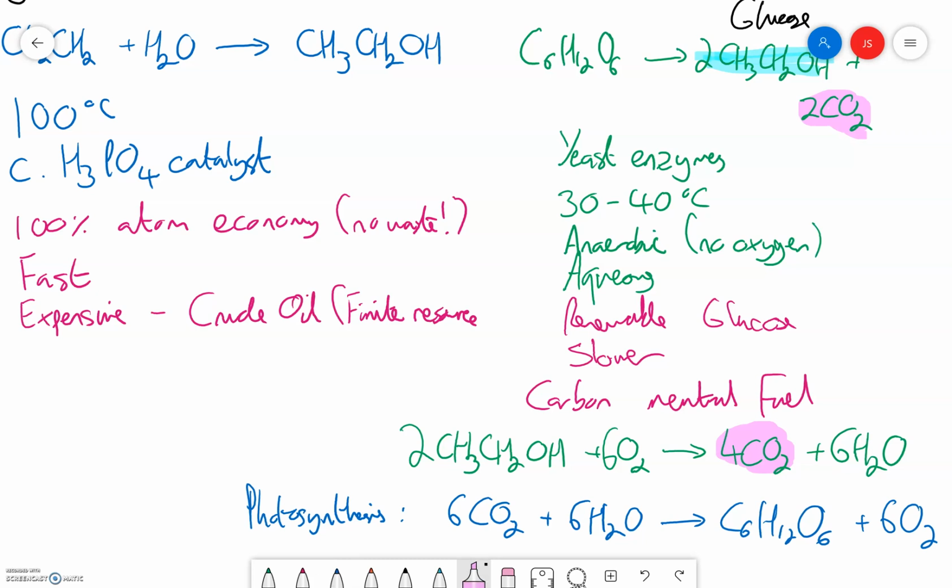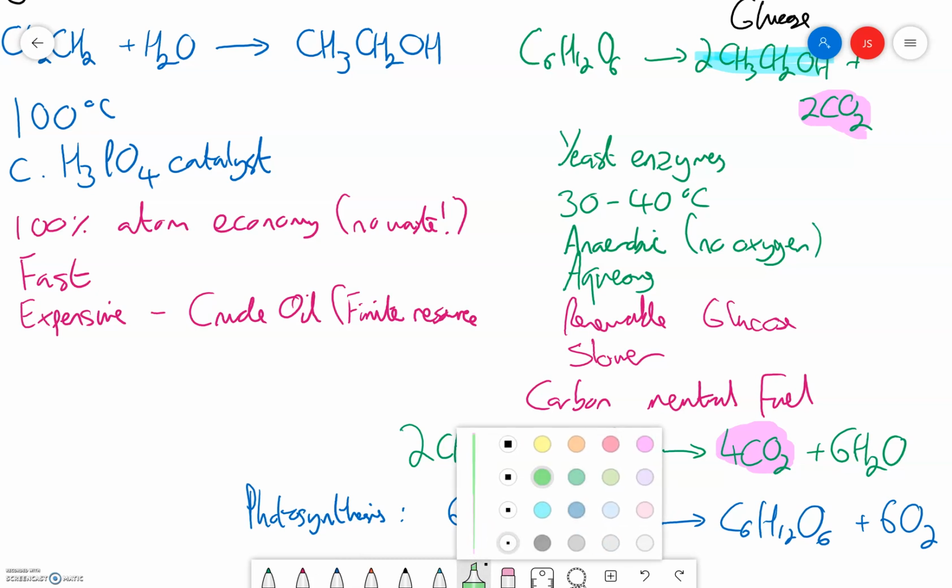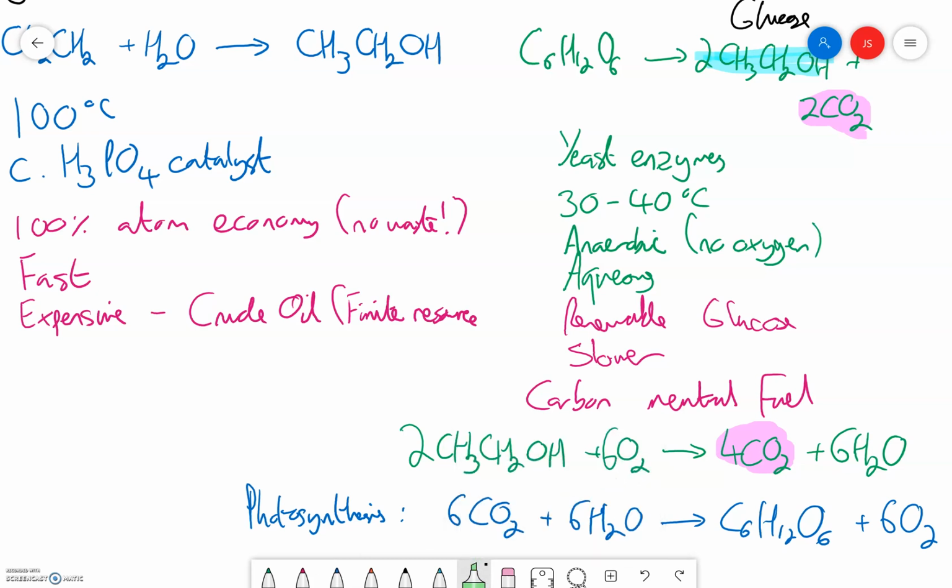So you can see here that 6 moles of CO2 were taken in by the plant originally, and those 6 moles of CO2 were released upon processing of the glucose and burning of the ethanol produced. So that's what carbon neutral actually means. There is no net gain in atmospheric CO2.